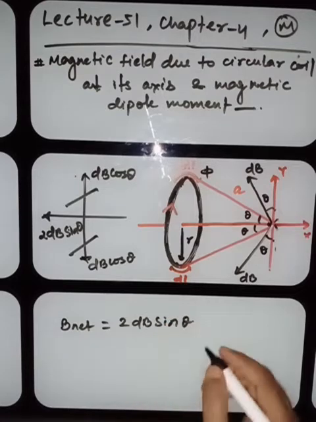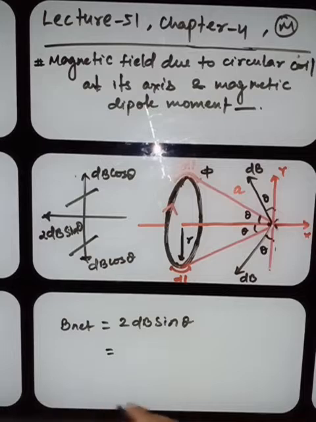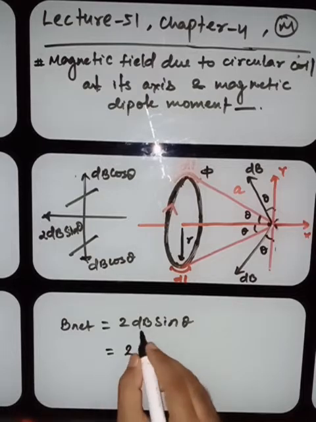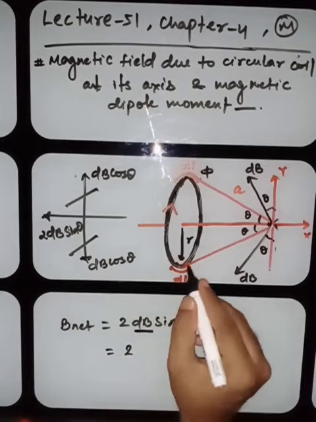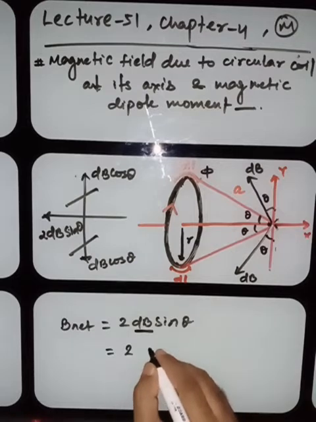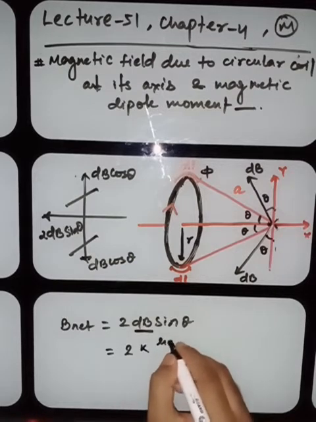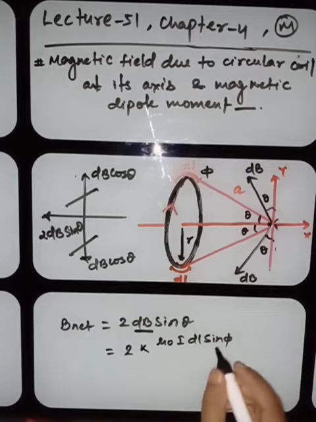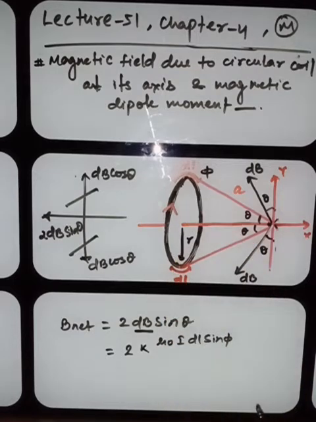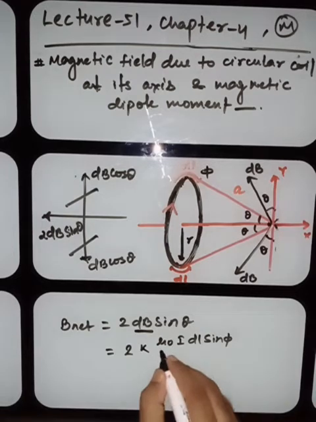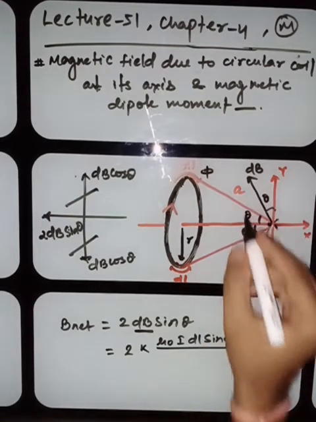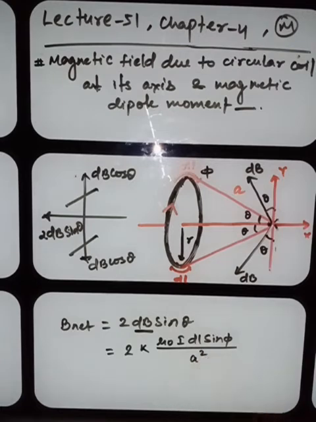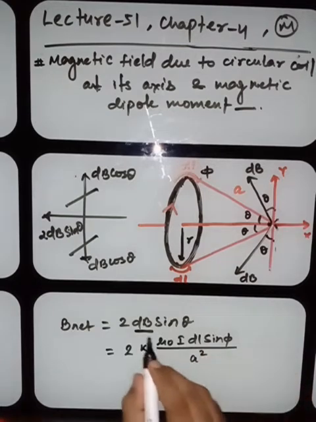Yes. Now using the Biot-Savart law, you can write dB, the magnetic field due to one elemental wire, as k times mu naught I dl sine phi, this angle, not only the theta, divided by the distance squared.